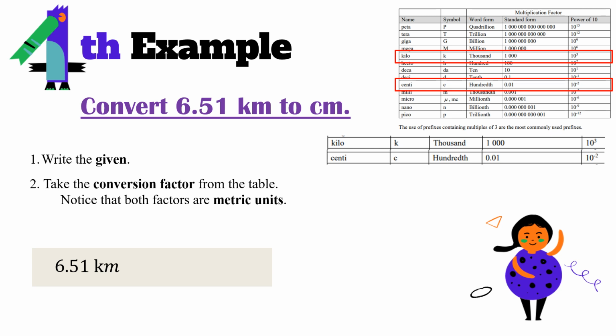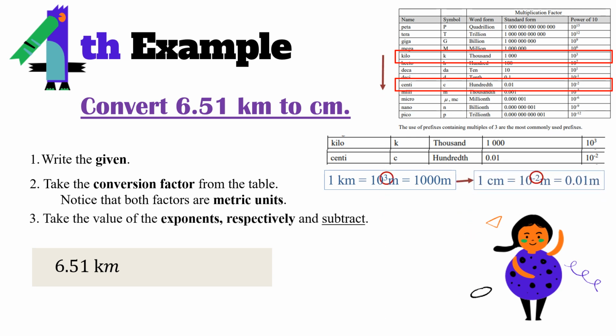From the table, you can see there kilo and centi. Okay, since you're converting from kilo to centi, you take the value of the exponents respectively. So that's 3 and then negative 2. Now subtract these two values, you will get 3 minus negative 2, that's positive 5.